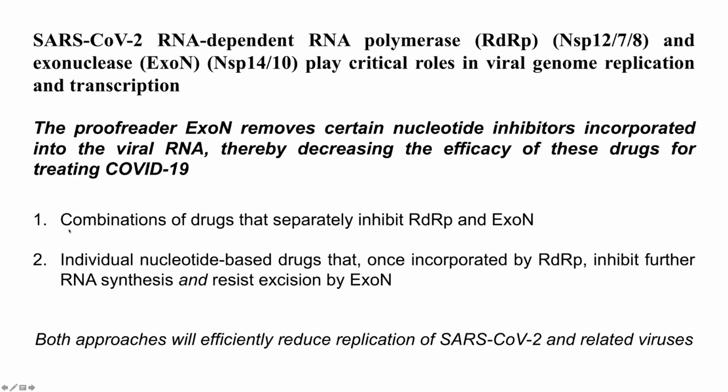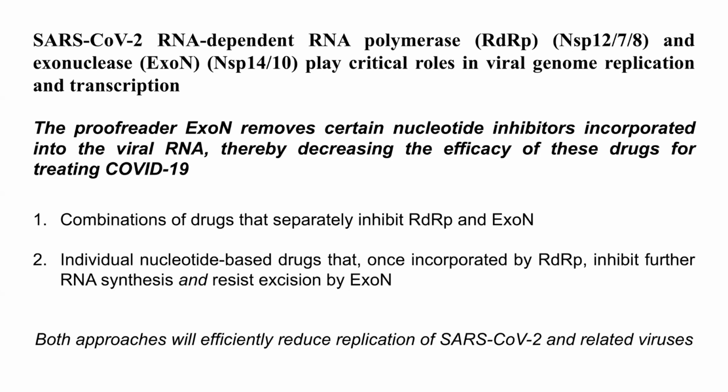So we are pursuing two approaches to inhibit RNA synthesis of coronavirus. First is a combination of two inhibitors: one inhibits RDRP, the other inhibits the exonuclease. The other is to design and synthesize novel nucleotide analogs that, once incorporated by the RDRP, inhibit further RNA synthesis and also resist the exonuclease.